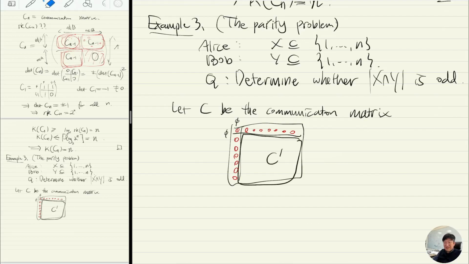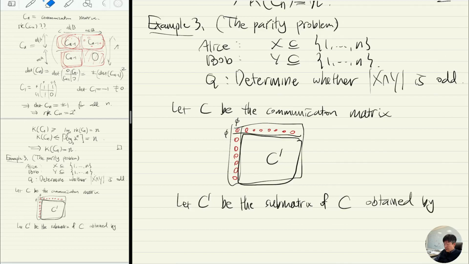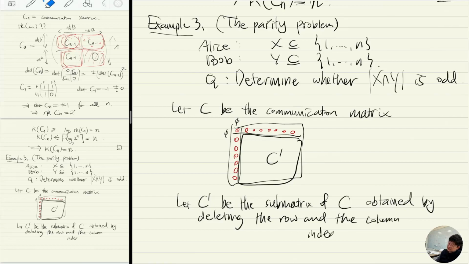So let's take this as a submatrix. Let C prime be the submatrix of C obtained by deleting the row and the column indexed by the empty set.